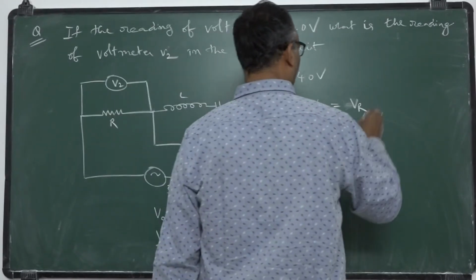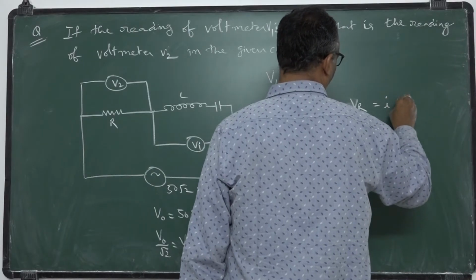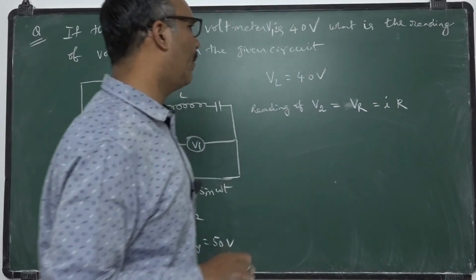So whenever we want voltage across a resistance, I should take the current in the circuit into the value of resistance.